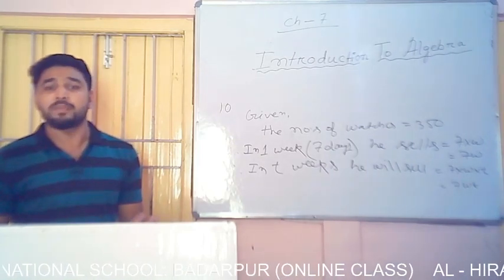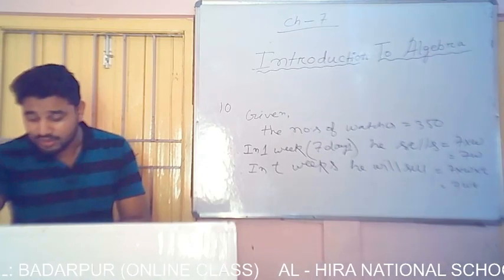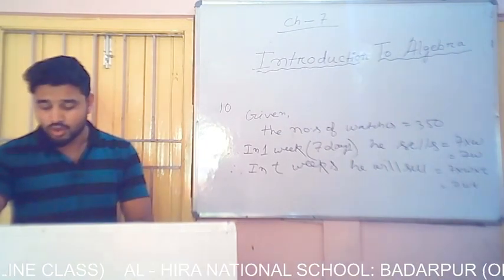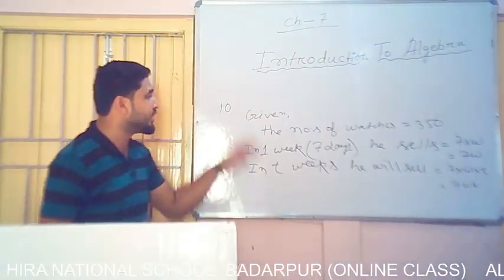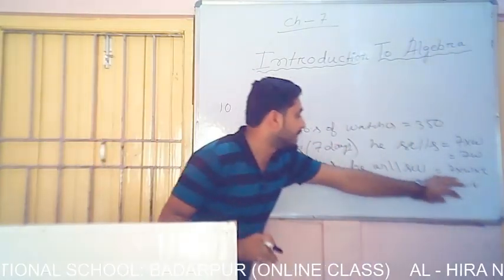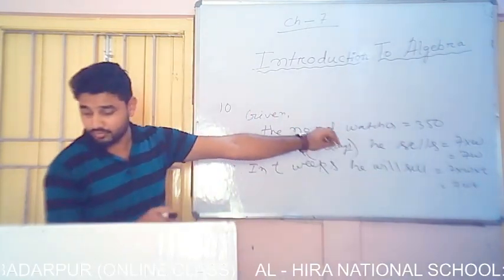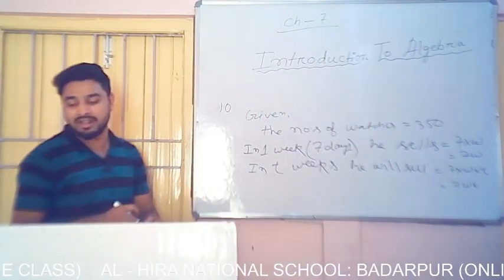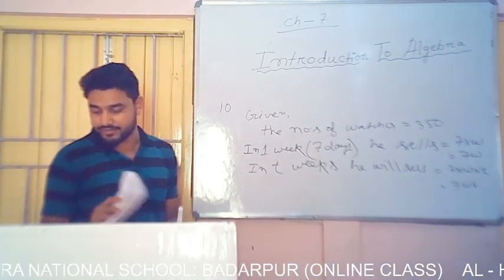And the last part of the question says, show the number of watches he would be left with after T weeks. That means if we subtract the number of watches sold from the total number, then we will get the watches left.